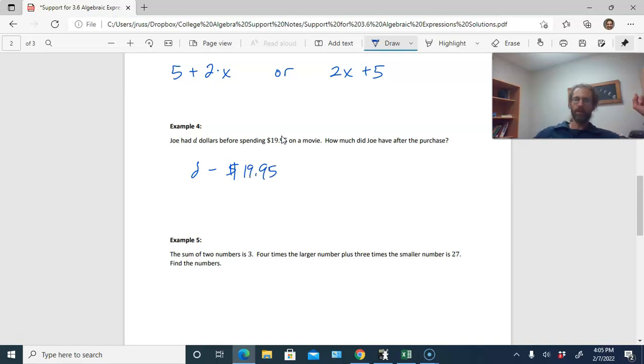Okay, so in other words, the original amount, D, minus what he spent at the movie. So this algebraic expression right here would represent how much he has after the purchase. And if you knew how much he had going into the movie, if we knew what D represented, we could figure out how much he has after the movie simply by plugging that number in for D and subtracting $19.95.